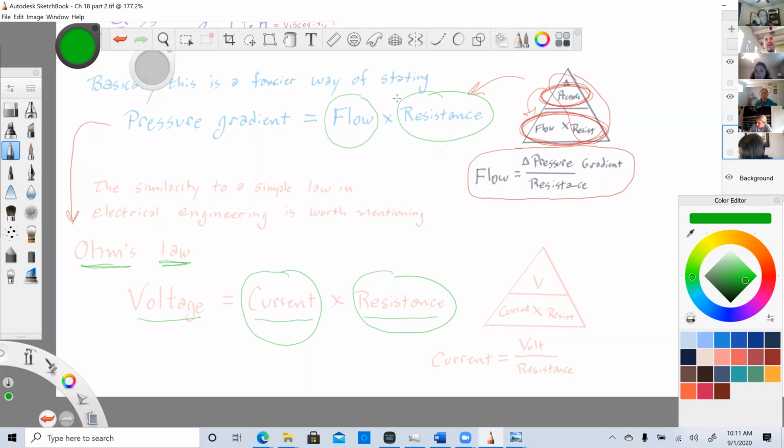Well, in electricity, everyone's afraid of volts. High voltage, it'll kill you. Well, actually it's not the voltage that kills you. Voltage is simply potential. Pressure gradient is kind of your potential energy. The flow is the kinetic energy, and in the case of electricity, it's the current that kills you.